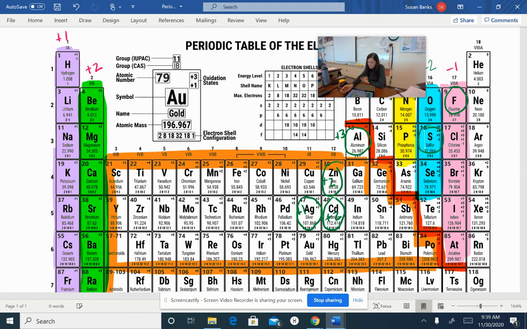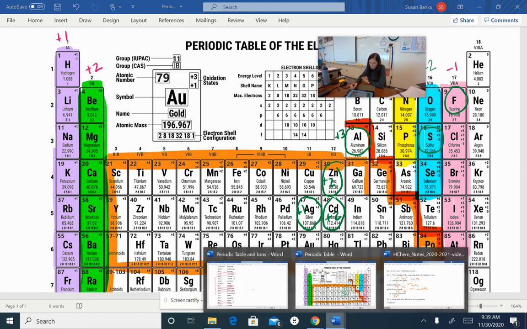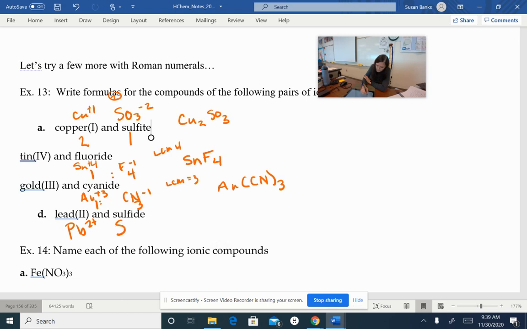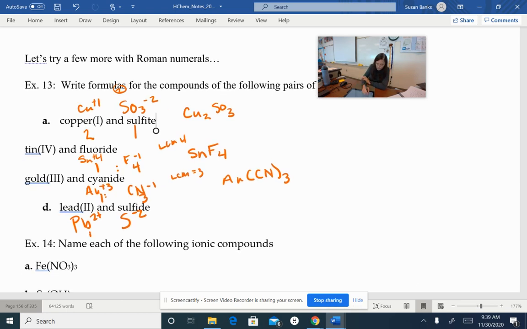Sulfur is a negative 2. Okay, so my least common multiple between 2 and 2 is 2. So I need 1 lead to get to positive 2, and I need 1 sulfur to get to negative 2. So PbS. Okay, how'd you do on that section?